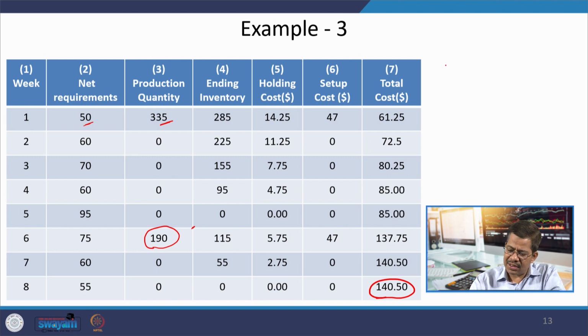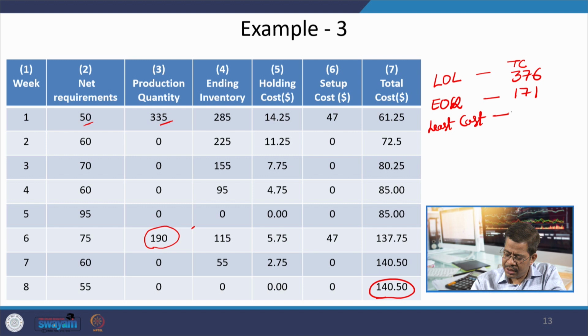So, in this case we are able to see that with LFL, our total cost was coming around 376. When our lot size was EOQ, our total cost was coming around 171, and now we have this least cost, it is 140.50.